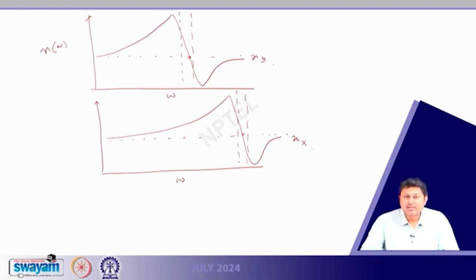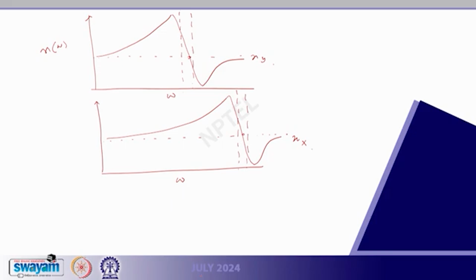In the next class, however, we will discuss this more, assuming a specific crystal which exhibits this kind of birefringence, and try to analyze how, when the electric field is propagating in this system, the different components of the electric field will experience different refractive index or different velocity.